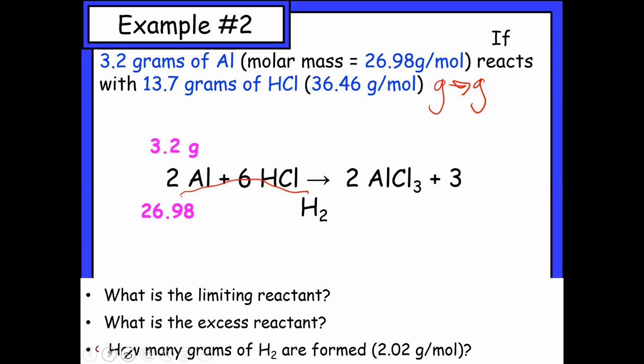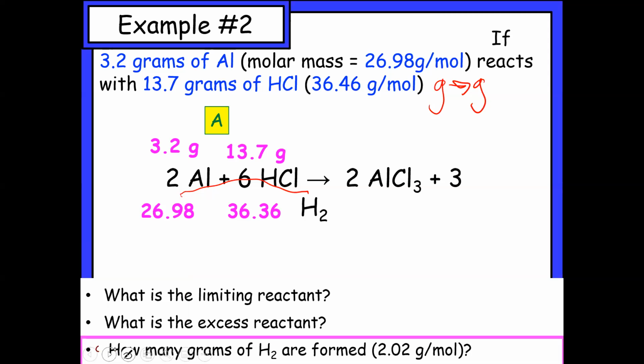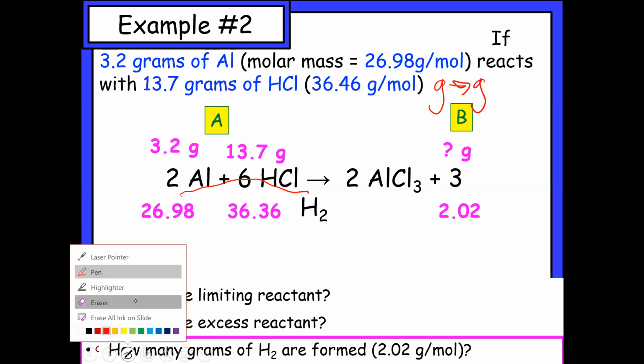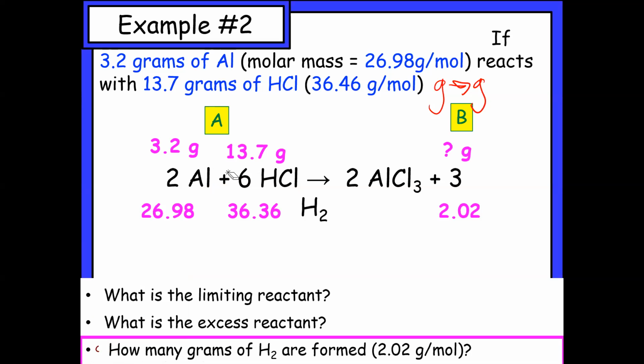So they're saying how much of this is going to form in a reaction. In the problem, it's saying: if 3.2 grams of aluminum reacts with 13.7 grams of hydrochloric acid, how many grams of H2 is going to form?